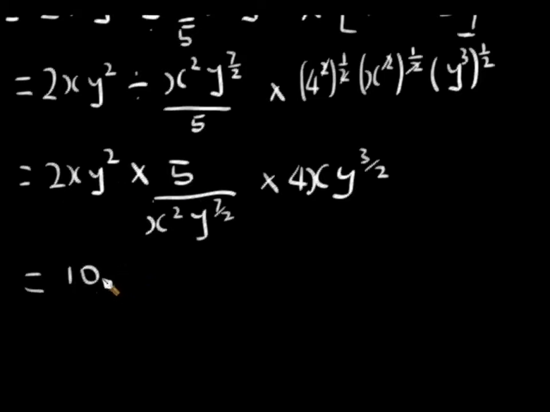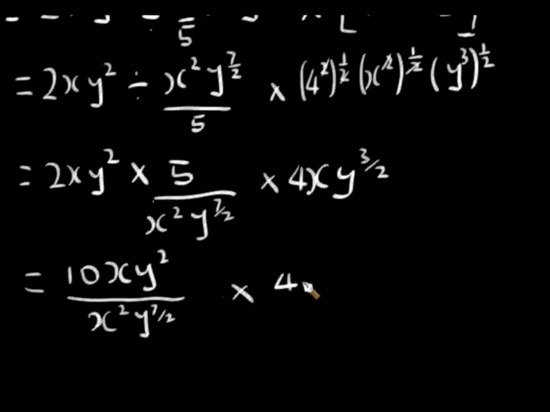Now we're going to have x y square divided by x square y raised to power 7 over 2, still multiplied by 4x y raised to power 3 over 2.